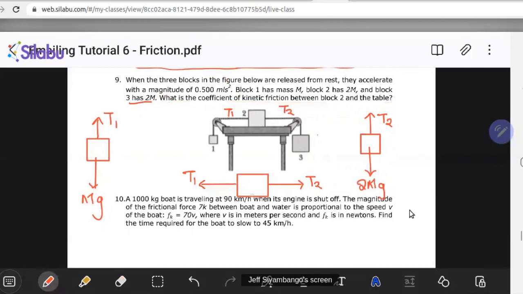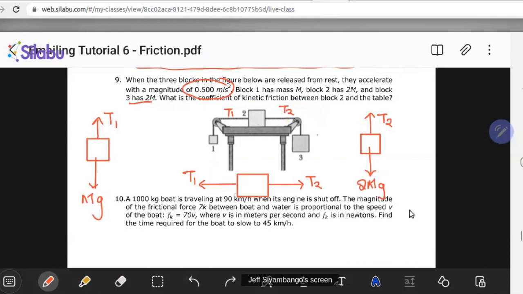But where is friction pointing? Here it will be up to you. If you choose positive to be this side, then this object is accelerating to the left, and friction will have to be to the right. But in this case, we will assume that when this acceleration is given, this object is accelerating in this direction. That becomes the direction of motion, so friction has to be backwards.